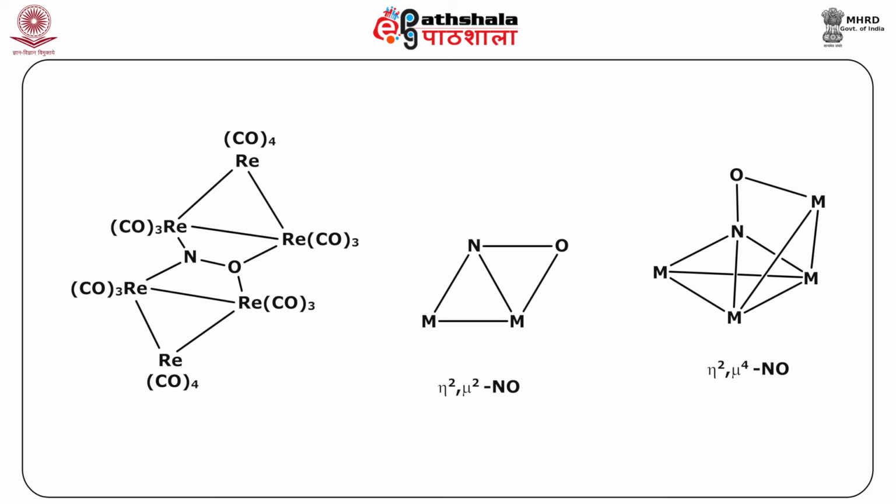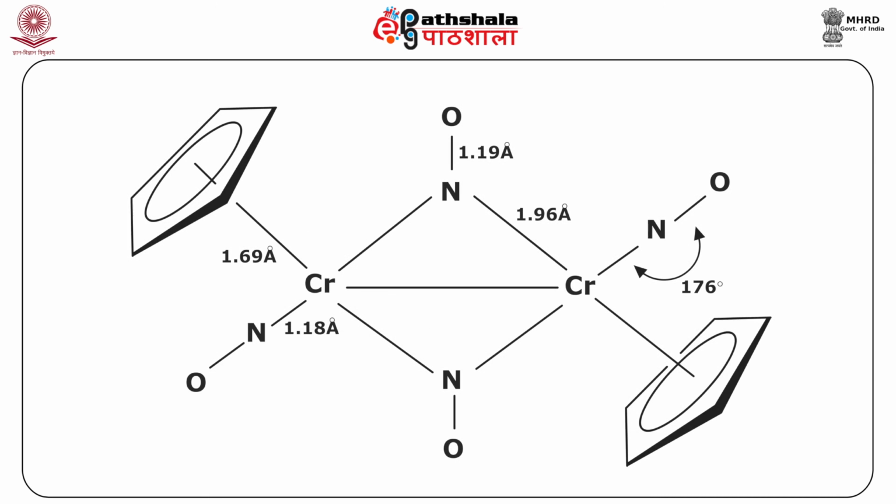There are also examples of cluster complexes where the nitrosyl ligand binds simultaneously with nitrogen and oxygen through pi electrons of nitrosyl. One such example containing both linear and bridging coordination modes of the nitrosyl ligand is shown here, which is a dichromium complex.